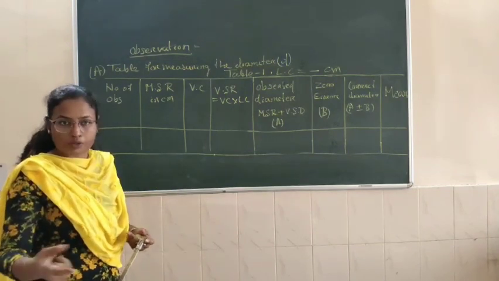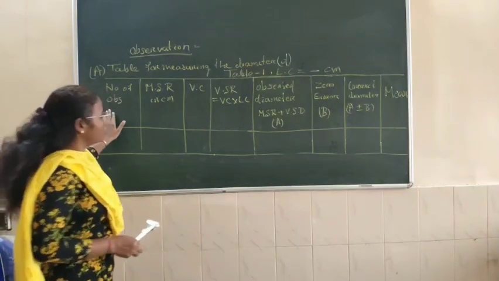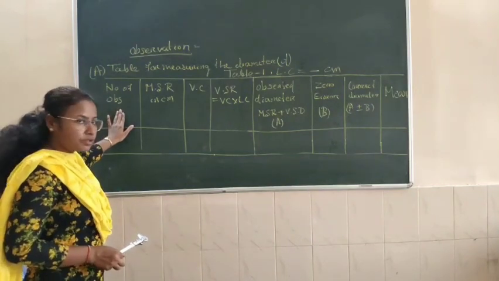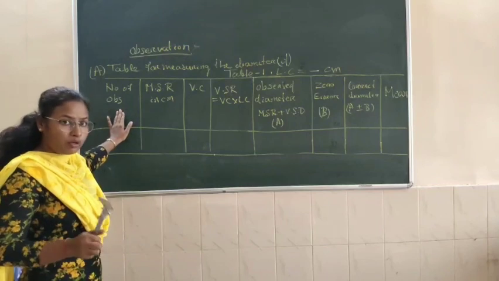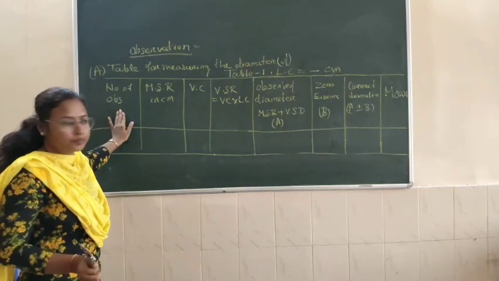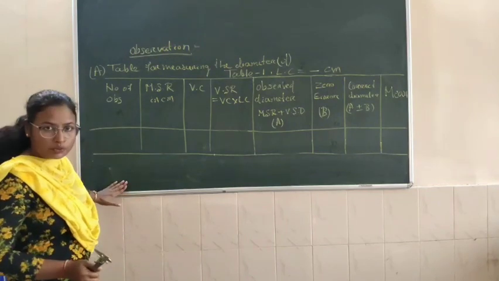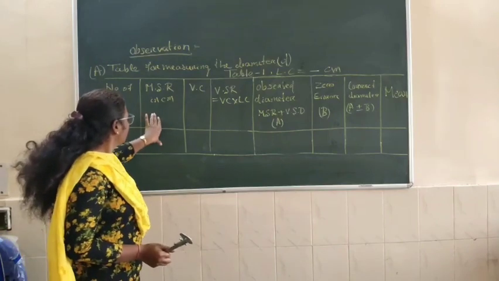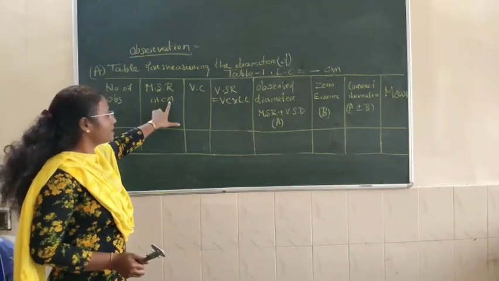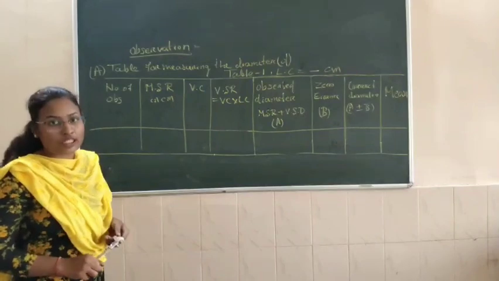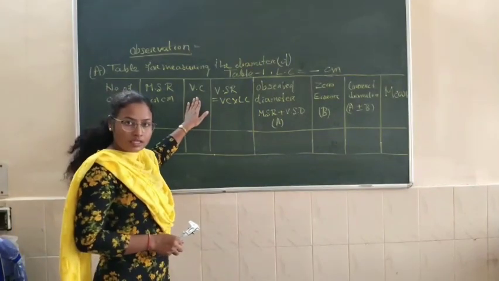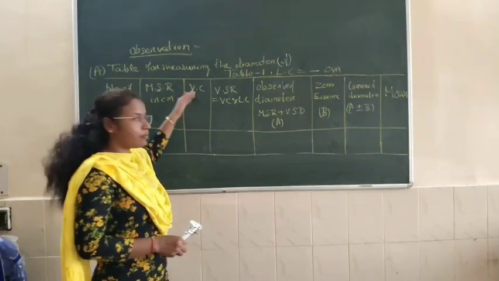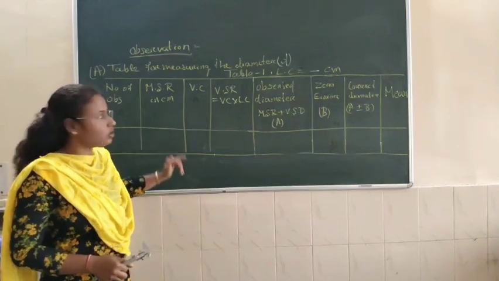There in the table there will be the number of observations, minimum 10 observations you have to take. So, there will be 10 values, and the second column will be for MSR, that is the main scale reading, and then vernier coincidence. I have already mentioned what the vernier coincidence is.